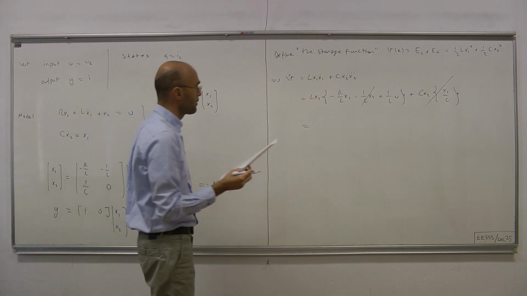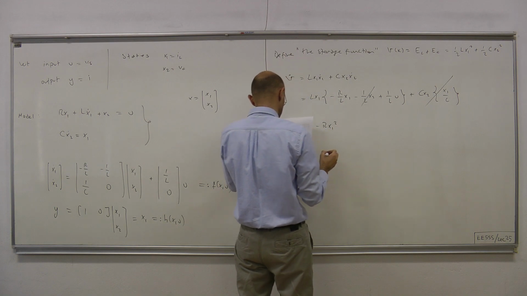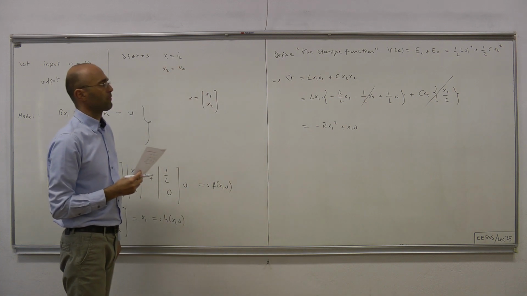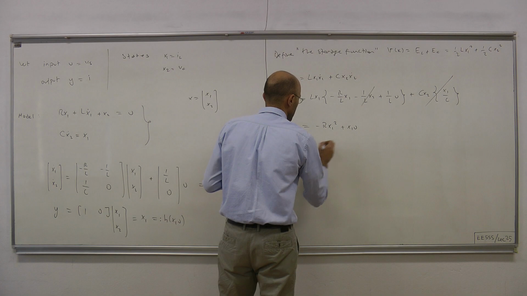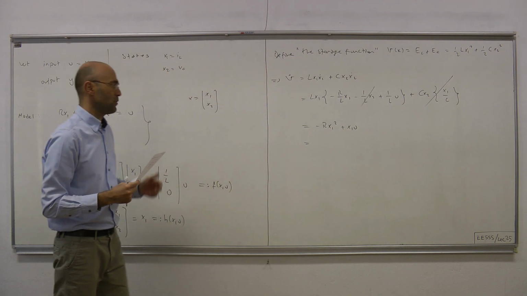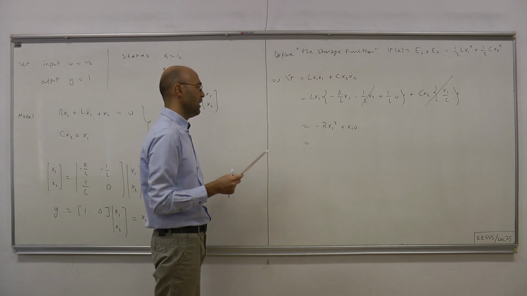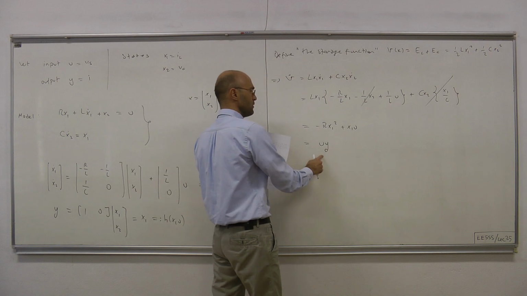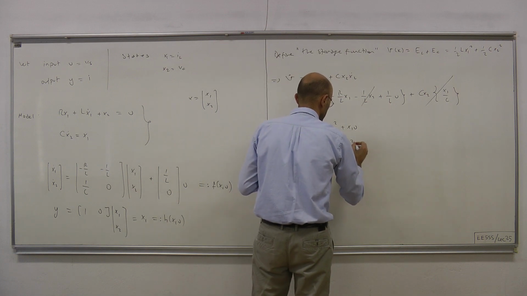What we're left with is minus R x1 squared plus x1 u. Remember that x1 was our output also, so we can write this V dot in terms of input and output. If you do that, we have u times y, because x1 is y, minus R times y squared.